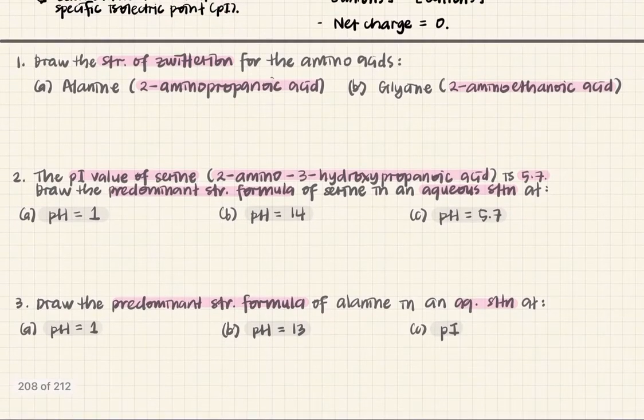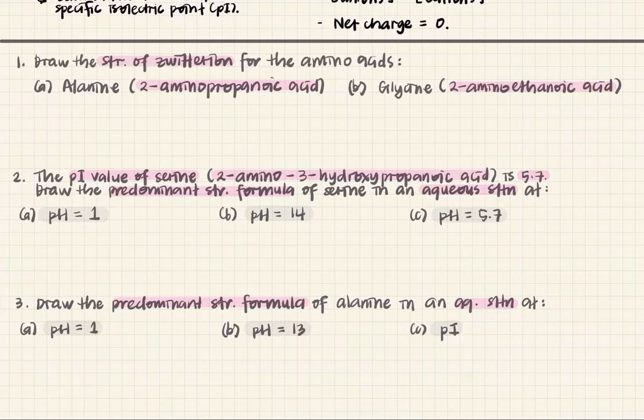Okay, so below we have a little bit of exercise. This is for drawing the structure of your zwitterion. Note that you want to draw the zwitterion where you have positive and negative charge in your amino acid. So let's start with alanine. They have already given the IUPAC name. So we'll start with the parent.